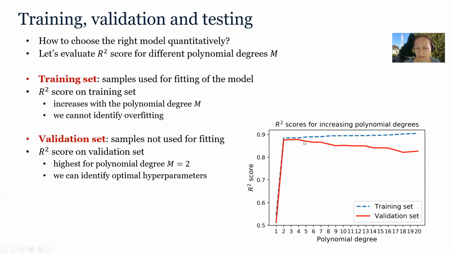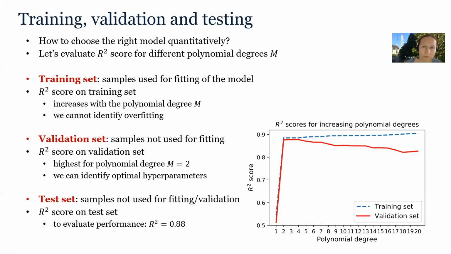And then when we increase the polynomial degree, so we increase the complexity of the model, the R2 score will start decreasing. And this is a sign that we overfitted the model. So you can see that using the validation set, we can find the optimal hyperparameters.